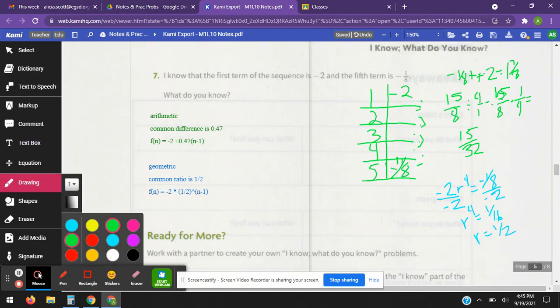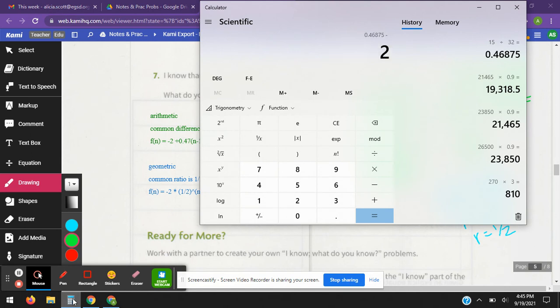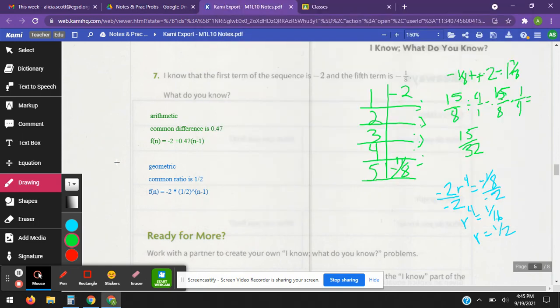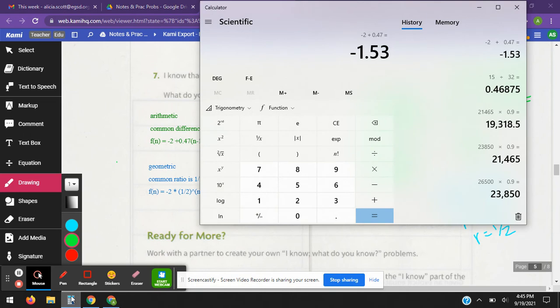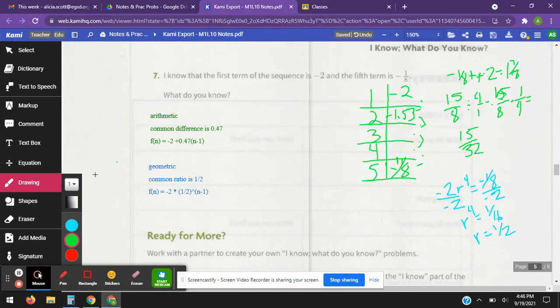If I go with the green, -2 plus 0.47 is -1.53. And then if I add the 0.47, I get -1.06.